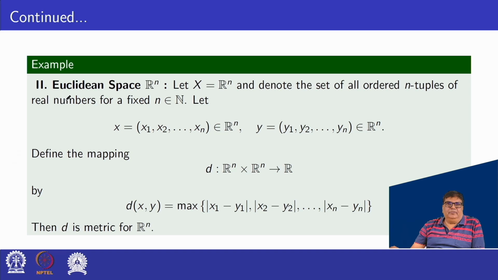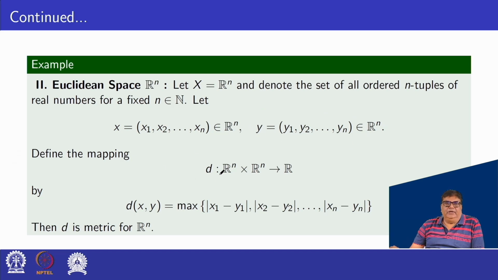Similarly, the second example of Euclidean space R^n. Let X be equal to R^n, denoting the set of all ordered n-tuples of real numbers for a fixed value n belonging to N. Let x equal (x1, x2, and so on, xn) be an element of R^n, and also y equal (y1, y2, and so on, yn) be an element of R^n.